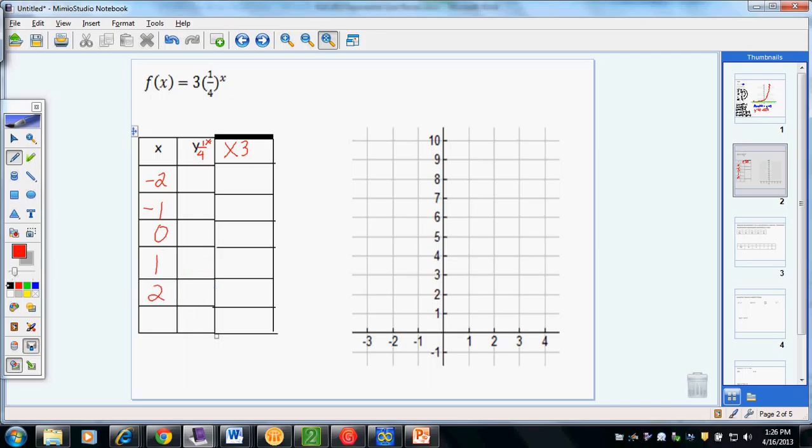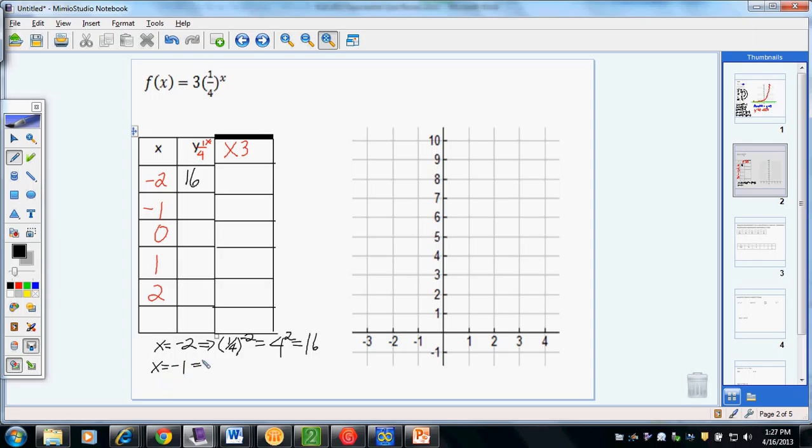Okay, so again, when x equals -2, this implies that we have 1/4 to the -2. Now again, the negative implies that we have to flip the base and make the exponent positive. So that equals 16. Okay, so x equals -1.